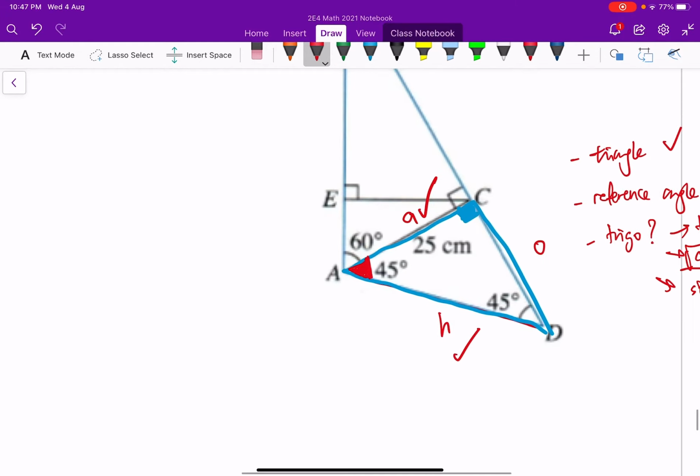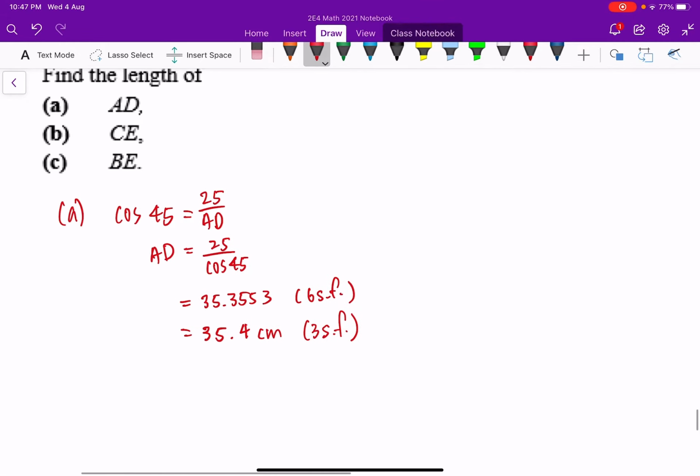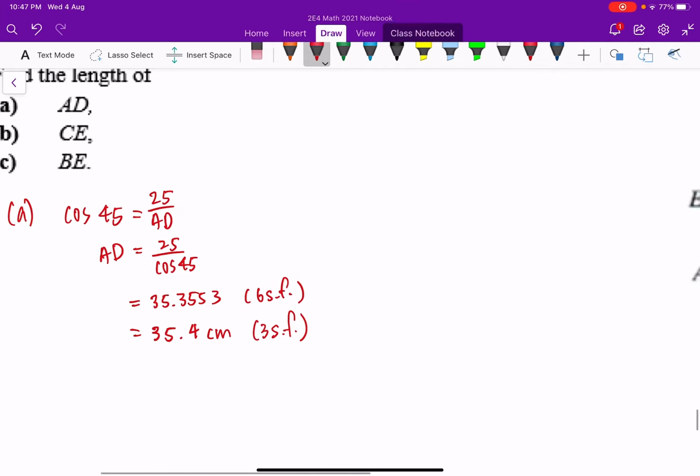Okay, now the interesting thing about this question is if I were to use a different reference angle, the angle will still be 45 degree. But my O and my A would have to change. Okay, so when I change my O and A, I swap it up.